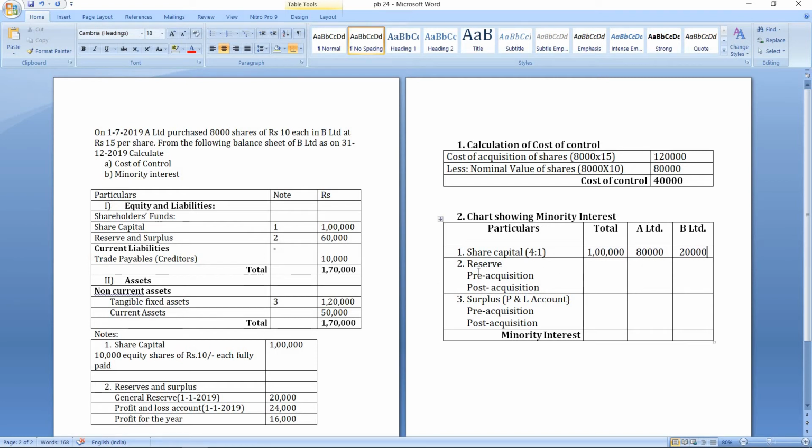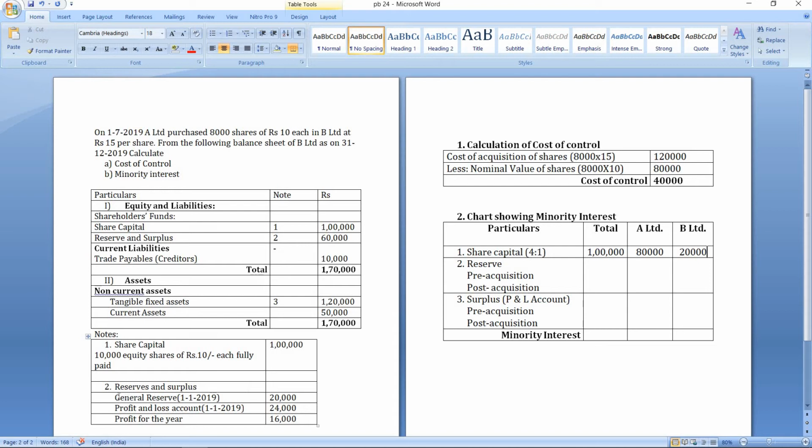Next calculation is reserve. In that we have pre-acquisition reserve and post-acquisition reserve. Reserves which are created by the company before acquisition of shares by the holding company will be pre-acquisition reserve. Let us look at the general reserve given in the problem. This reserve was created on 1st January 2019 and the shares were acquired on 1st July 2019. So this reserve was created before acquisition of shares by the holding company, so it is pre-acquisition reserve.